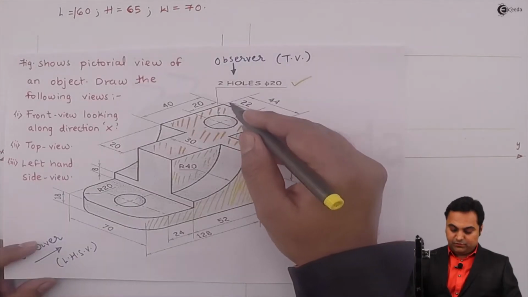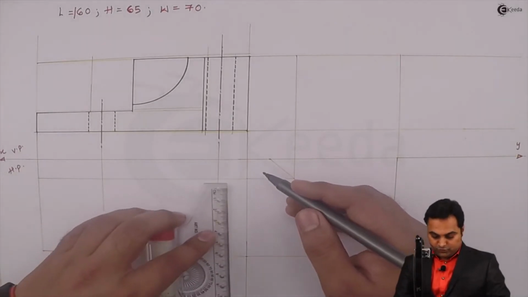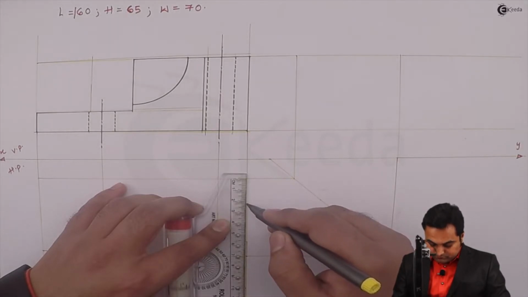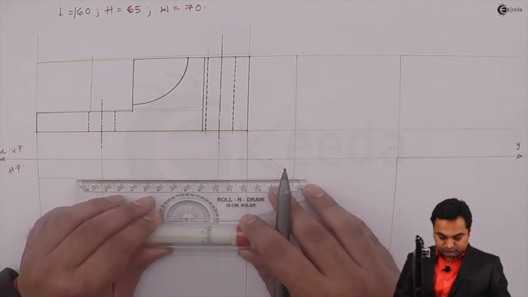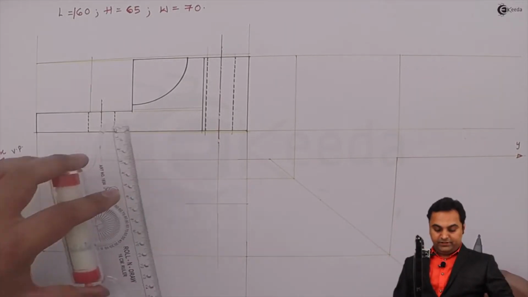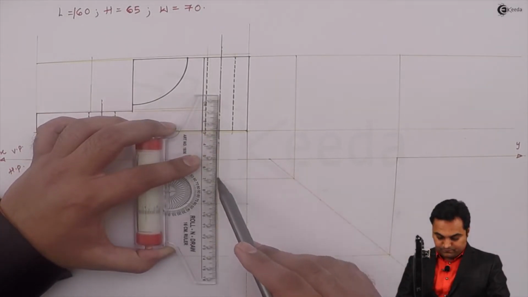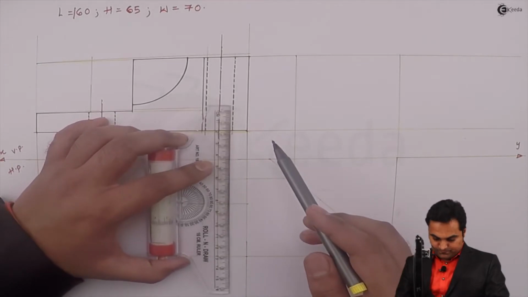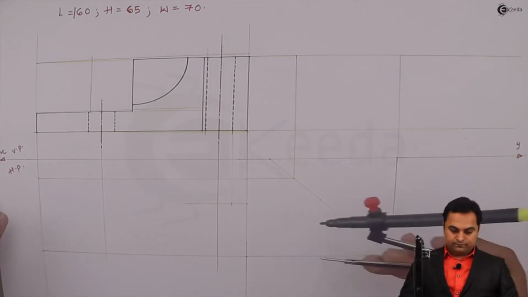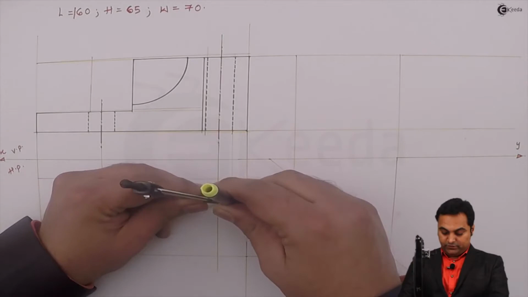Then its center is located at 22 mm width from the top corner. The radius of the circle I can get directly from the front view. So taking the center and drawing a circle from here.